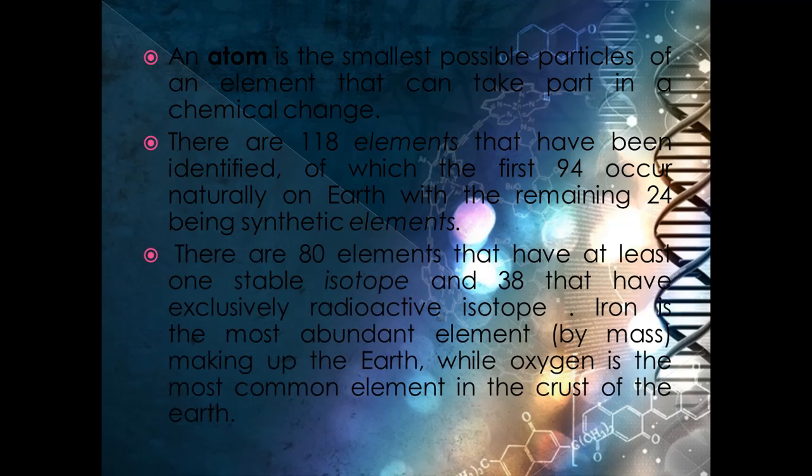There are 80 elements that have at least one stable isotope and 38 that have exclusively radioactive isotopes. Iron is the most abundant element by mass making up the Earth, while oxygen is the most common element in the crust of the Earth. So this is a little introduction about some of the most common elements which are present.